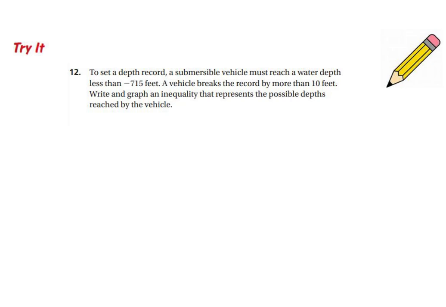Go ahead and try to write an expression on your own. Key things to remember: less than, negative 715 feet, and the vehicle breaks the record by more than 10 feet. And then once you think you have it, push play and I'll show you the expression or the inequality.